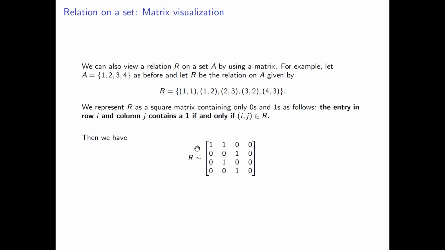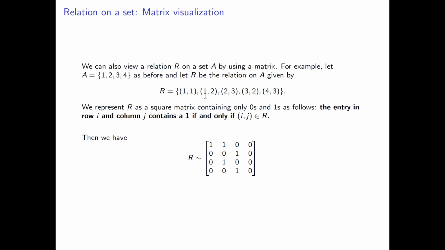Remember, rows are horizontal, so this is row 1, this is row 2, this is row 3, and so on. And columns are vertical, so this is column 1, and this is column 2, and so on. Let's go through this relation. 1, 1 is in my relation, so if I go to row 1 and column 1, this should have a 1, which it does.